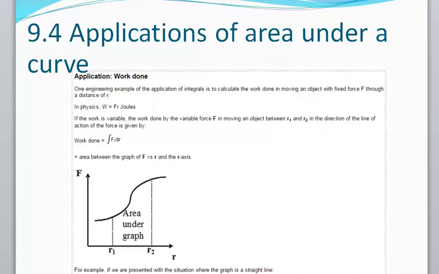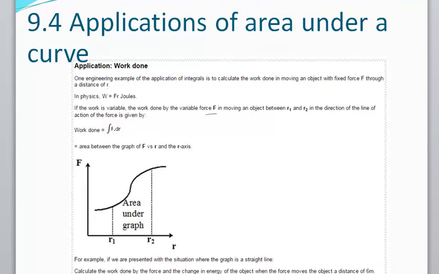If the work is variable, the work done by a variable force F in moving an object between R1 and R2 in the direction of the line of action of the force is given by, work done is the integral F dr. So the area between the graph of F versus R and the R axis.